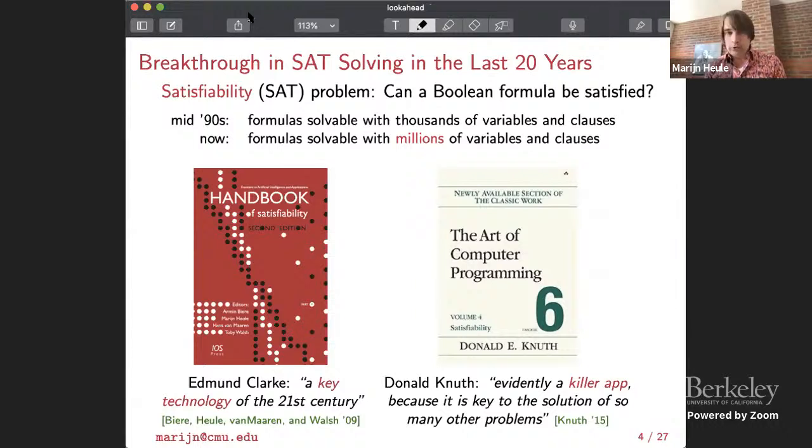And I think the main breakthrough actually came when people decided, okay, let's try to be fast and try to refute the formula. And actually, a satisfying assignment is just a counterexample showing that no such refutation exists. But there has been a lot of cool work in those 40 years and also later that is really worth exploring and also has its own applications. Most of that group is look-ahead, and I will talk about this now.